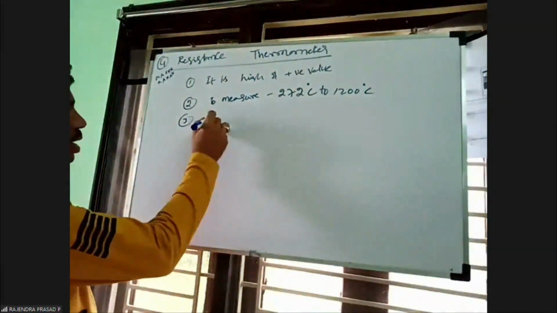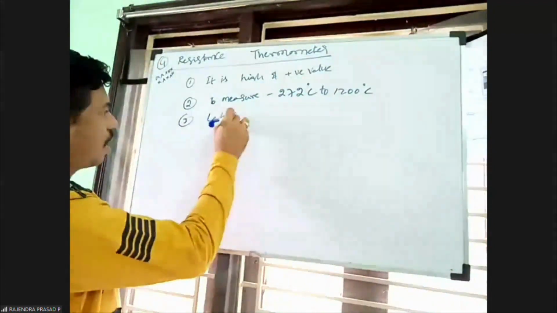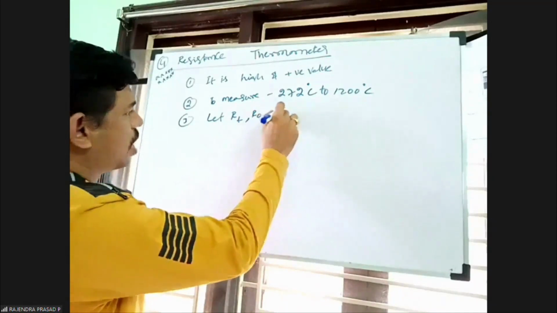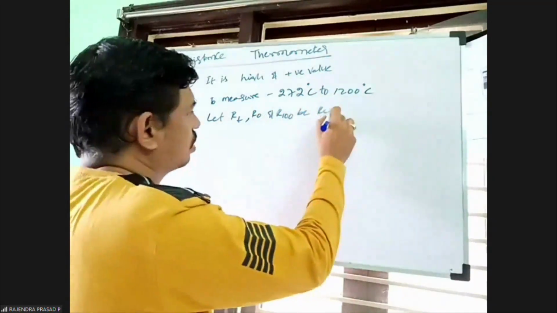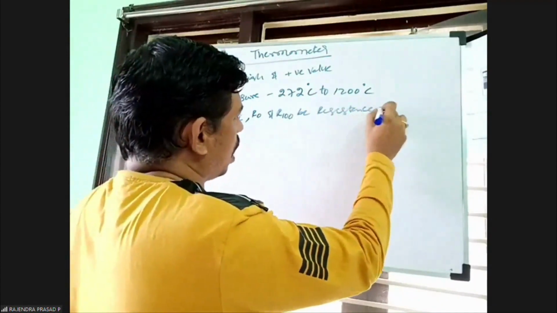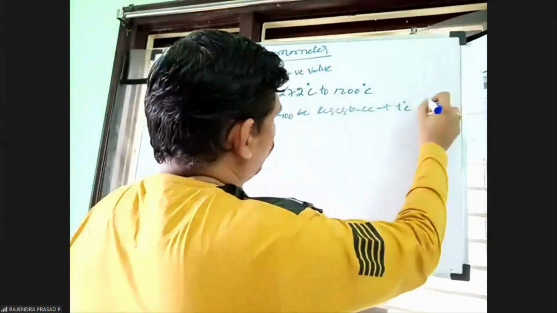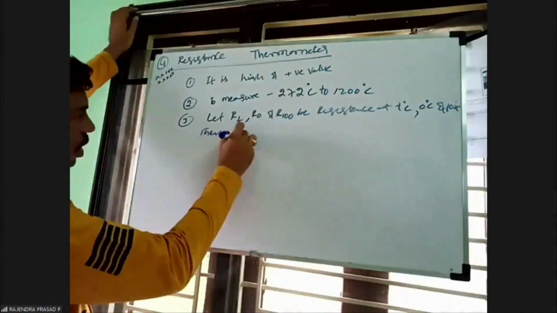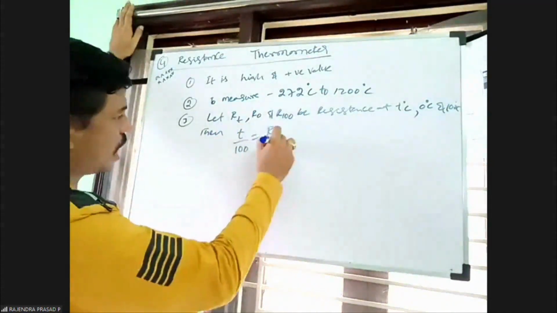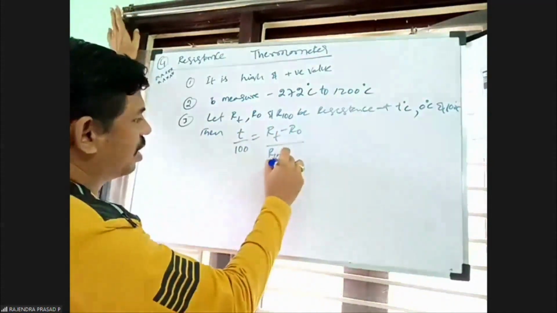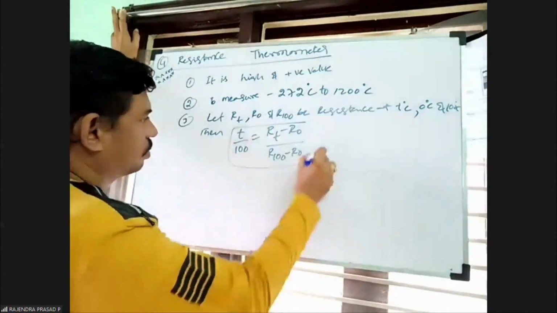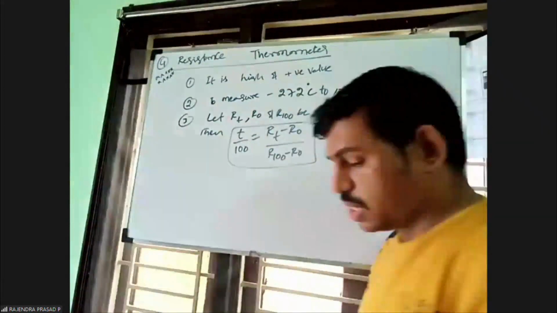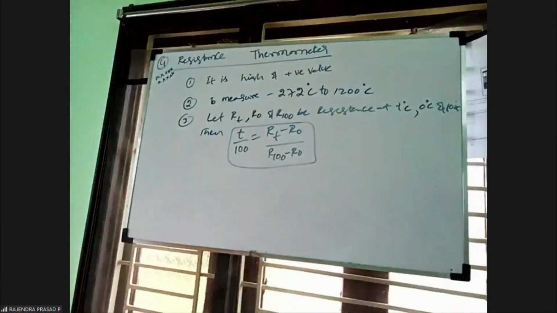Third one: let R_T, R naught and R100 be the resistance at T degrees C, 0 degrees C and 100 degrees C. Then T by 100 is equal to (R_T minus R naught) by (R100 minus R naught).